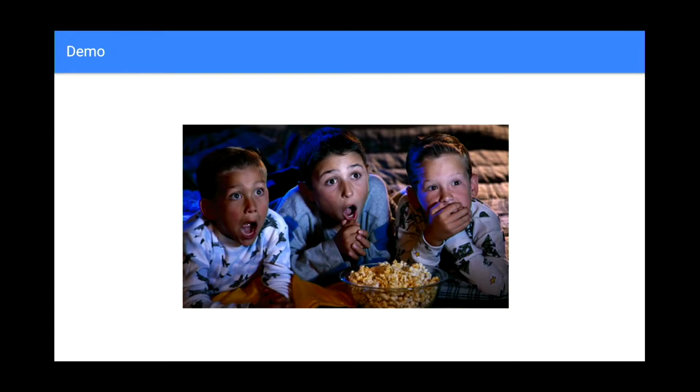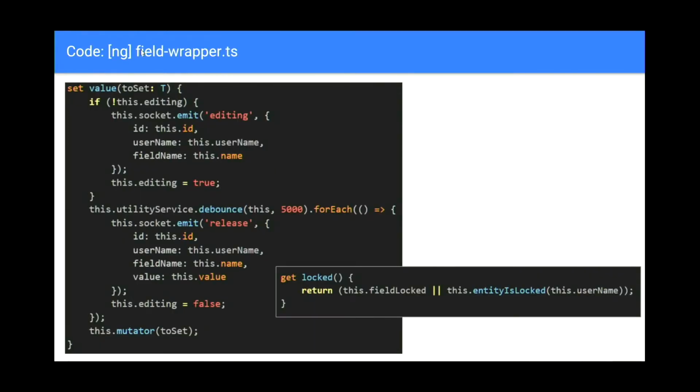So this one, I want to say that the code's simple, but it is a little more complicated. I had to build a wrapper, and I can't say that I necessarily did the best job here, but I did a job. And what the wrapper does is, at a field level, it emits that it's being edited. And when it's not being edited, it emits the release event.